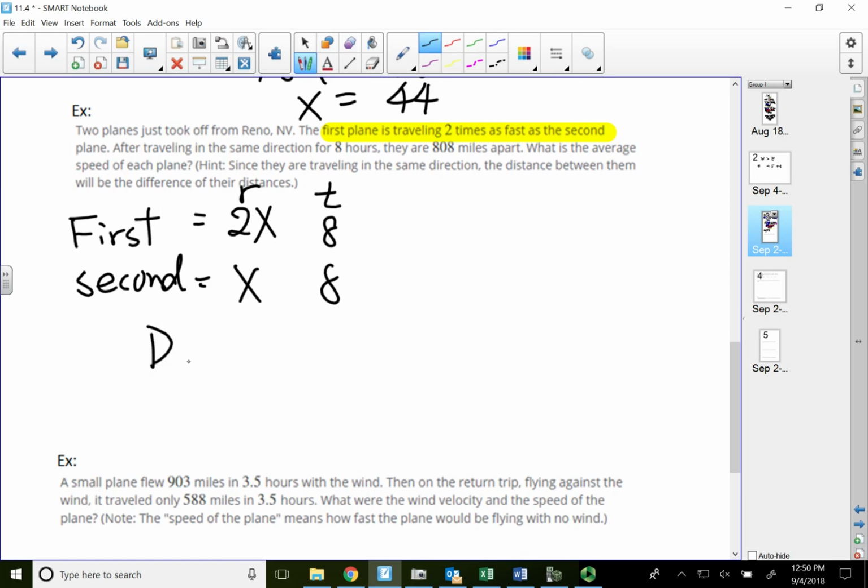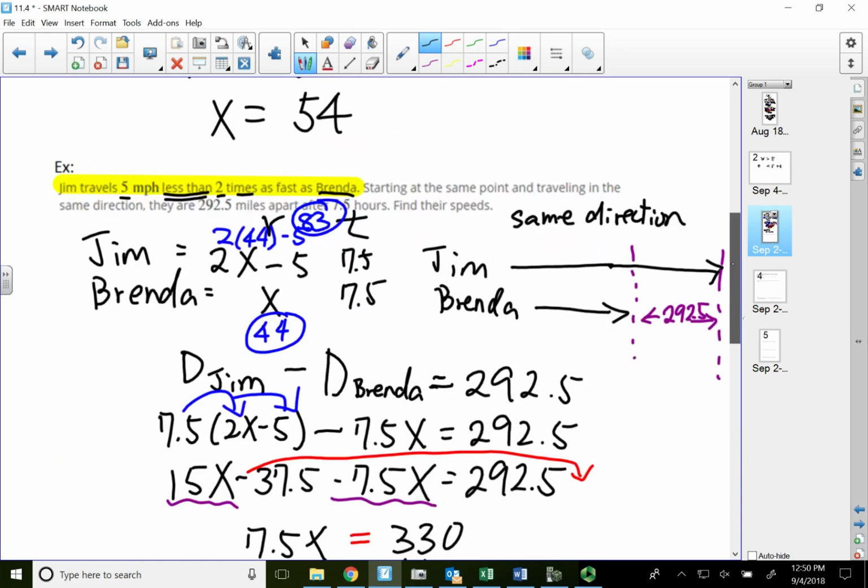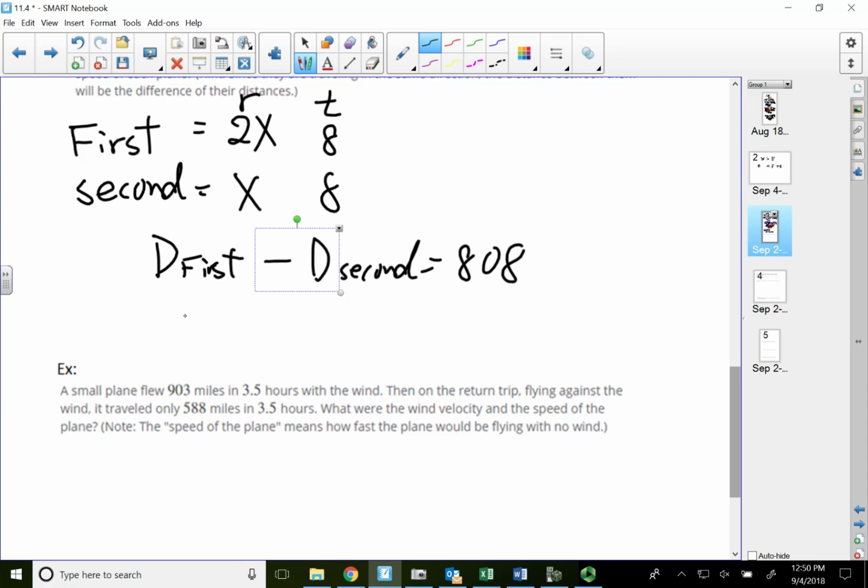So that means the distance of the first plane, which will cover more distance because it's flying faster, minus the distance of the second plane, has to equal the 808 miles apart, which is just like the previous example. So if I do rate times time, that would be 16x minus rate times time, 8x, equal to 808.